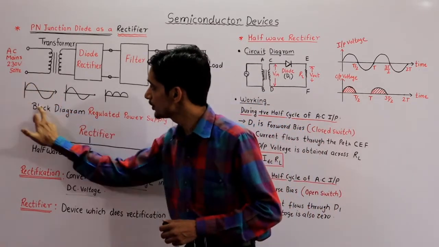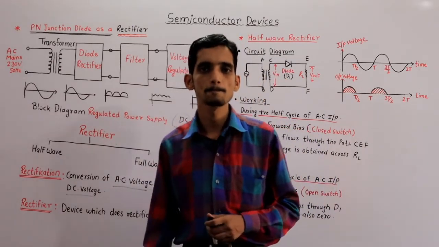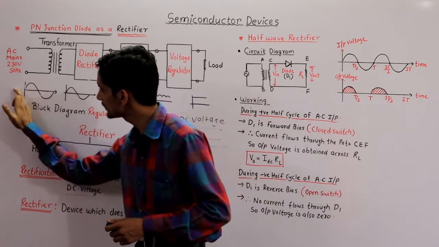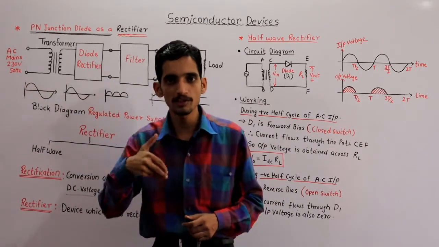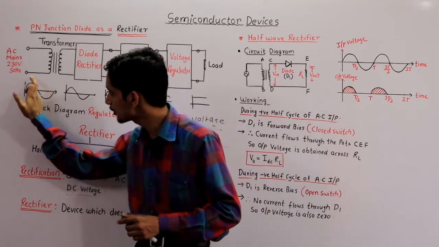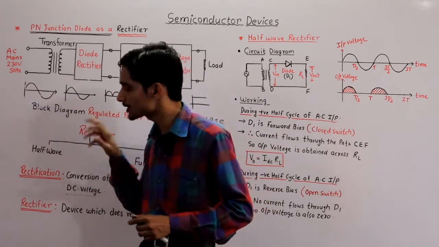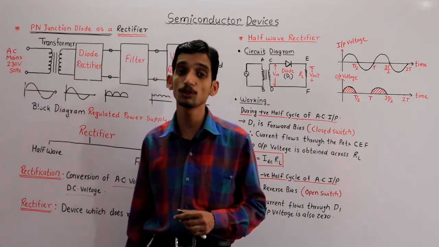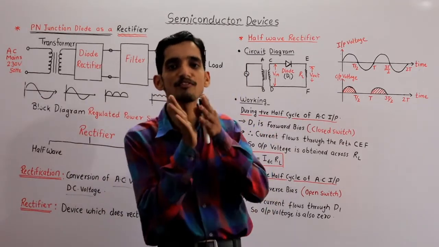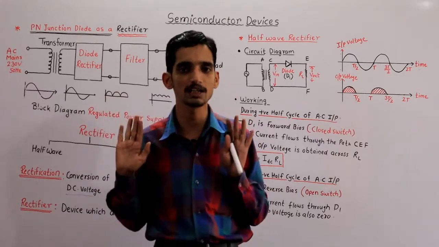Suppose this AC voltage is given to the rectifier, and only half a part or half cycle of this AC voltage is converted into DC voltage, while the remaining negative half cycle is not rectified. It means that rectifier utilizes only half of the input and converts it into DC voltage. The remaining input it does not take into account.